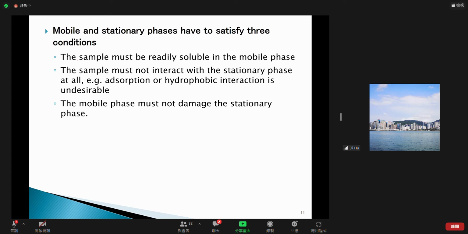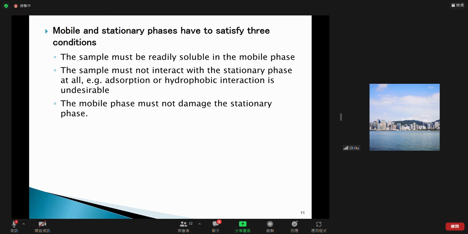So that's why, if you are using gel permeation chromatography with an organic solvent, for example toluene, it should be compatible with the stationary phase. The stationary phase is normally polystyrene divinylbenzene. So the solvent should be able to swell the stationary phase and also dissolve all the analytes.